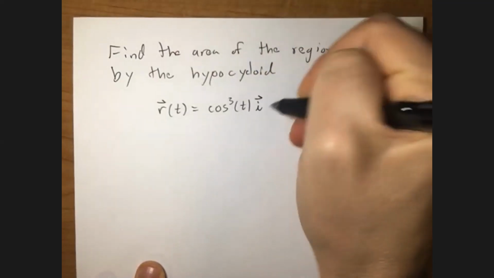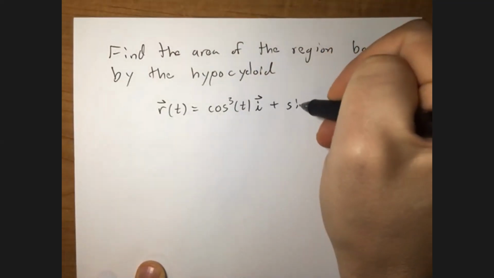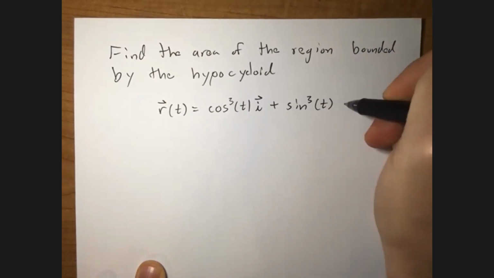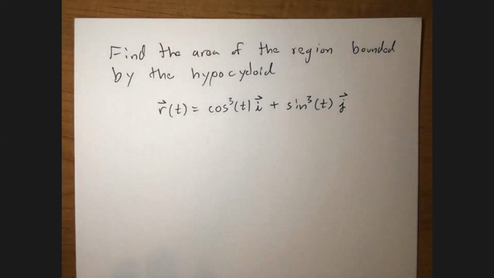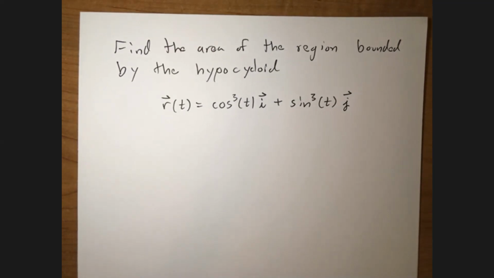They read it like this. What is that thing? Cosine cubed t, comma, sine cubed t, or using i and j components, we could write it as a sum like this. Let's go take a look at it in Desmos.